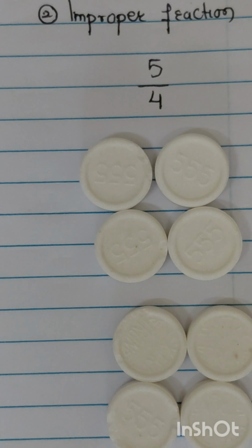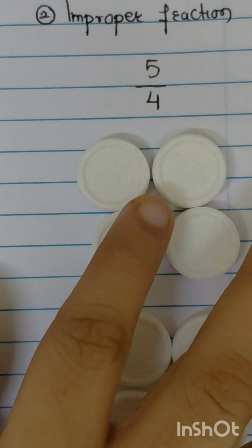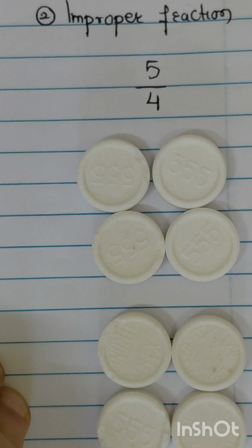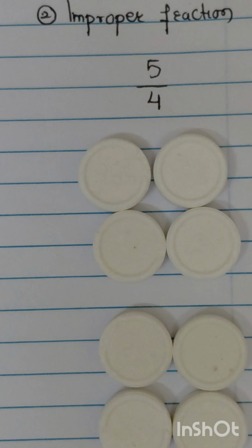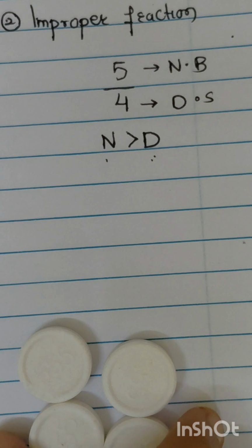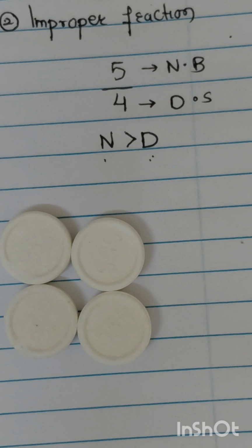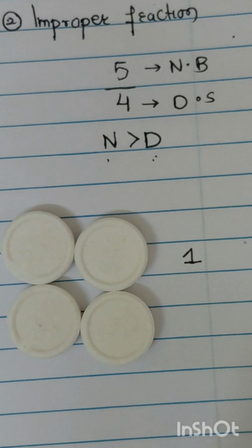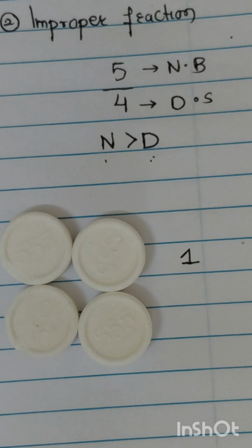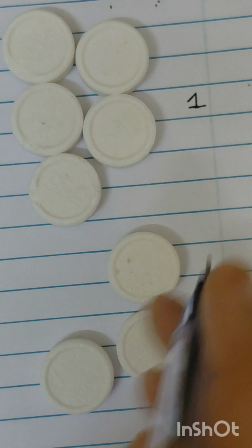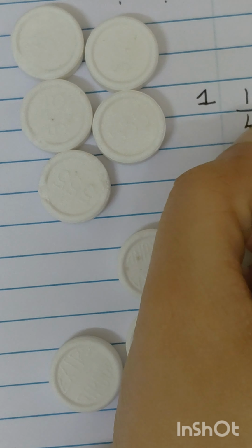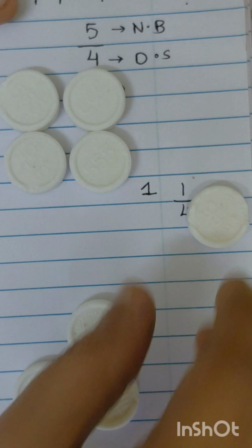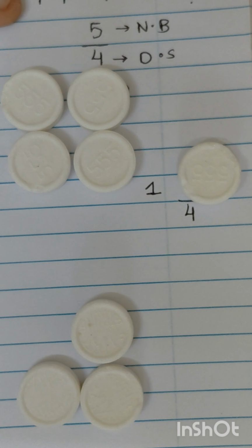That means I use 2 candies and I divide both candies into 4 equal parts. That means I ate one whole candy and the 1/4 part of the other candy. So here I ate one whole candy and 1/4 part of the other candy.